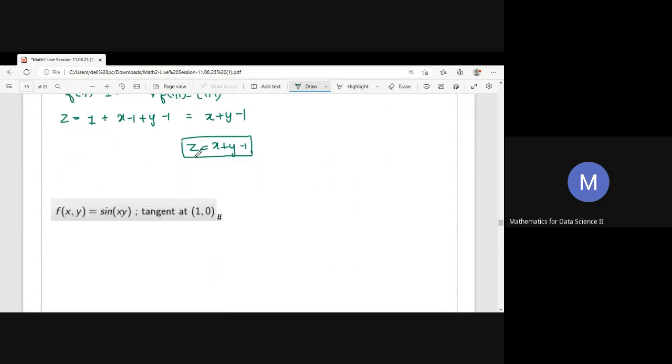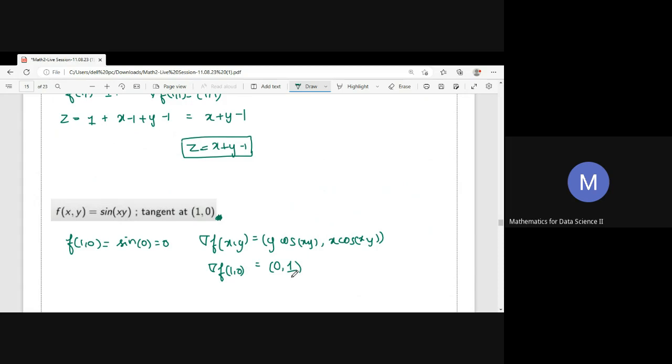And here again, what is f of 1 comma 0? Sine 0 is 0. And del f of x comma y we already computed: y cos xy, x cos xy. So del f at 1, 0: the first coordinate becomes 0, and the second coordinate is 1 into cos 0, which is 1. So it is 0, 1.